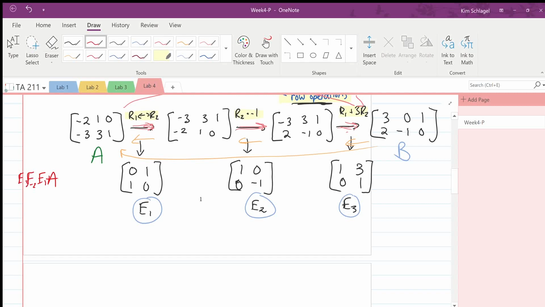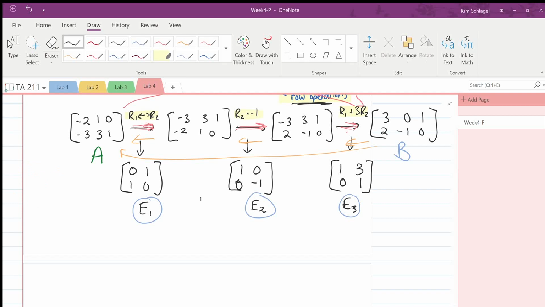Because of that, you can see that it's actually in reverse order here. Because I have A and then I have E1, I can't just multiply E2 right in here because I've already multiplied E1 here. There's no space here, so I have to go to the next position, and similarly I have to go to the next position. So it's in reverse order. It looks a little bit weird, but it works.